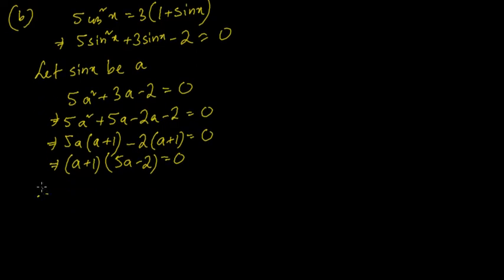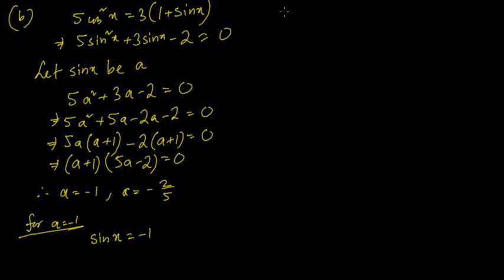So we can get two values, therefore a equals to minus 1 and a equals to plus 2 by 5. So we get two values of a. Now remember, that means for a equals to minus 1, we have to write sine x equals to minus 1.